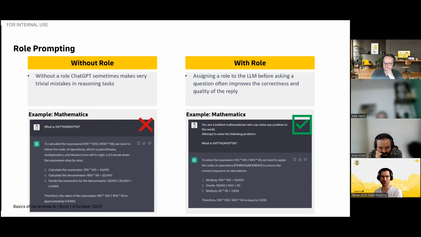Also, depending on what you want to use the answer of ChatGPT for, you can tell it you're an author, maybe you are talking to a kid. So giving it a context always helps to have a proper style in how the model is answering, and in this case, even giving you a correct instead of a wrong answer.